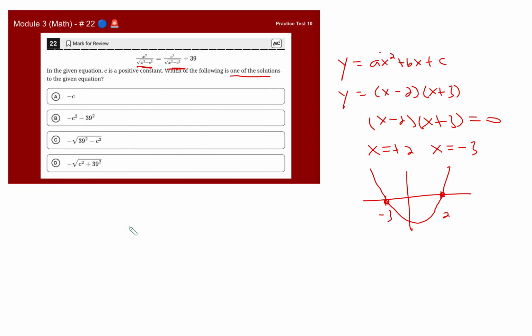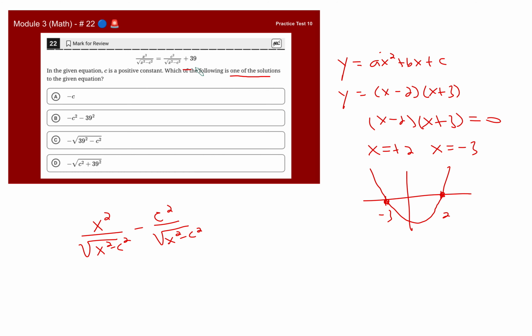I'm going to write x squared over root x squared minus c squared, and then subtract this to the other side, so minus c squared over root x squared minus c squared.